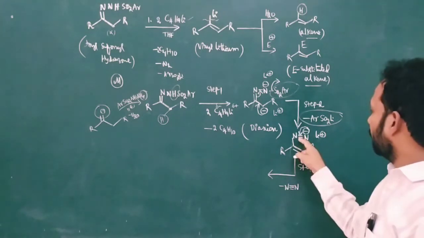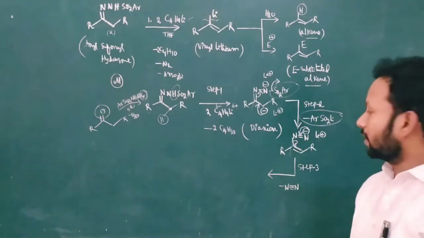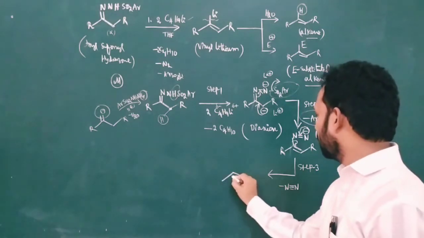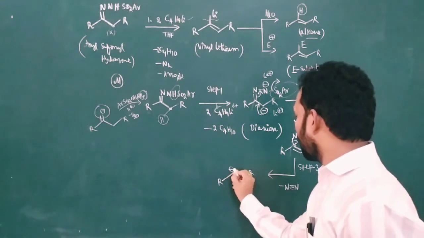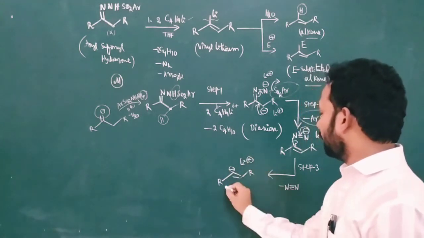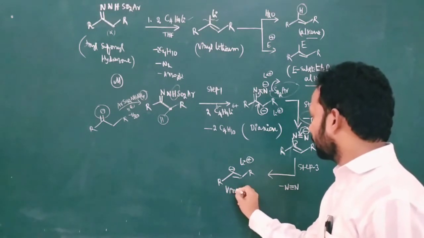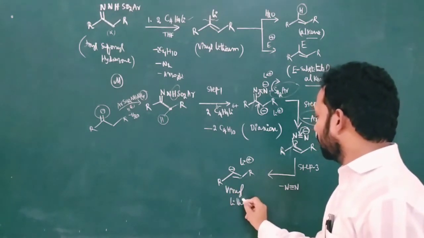Here the negative charge comes like this, so this bond is on the vinylic carbon, to form vinyl lithium. This is called a vinyl lithium. So the name of this anion is vinyl lithium.